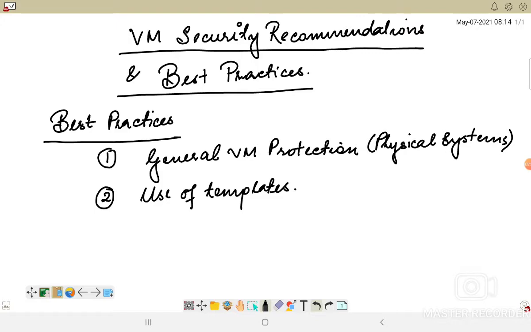When we manually install guest operating systems and applications on the virtual machine, we introduce a risk of misconfiguration. If we are using these templates, we can easily avoid the misconfigurations which might arise due to the manual installation of the guest operating system.